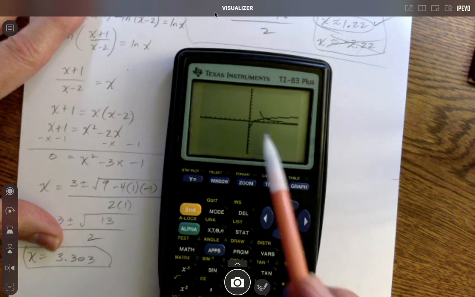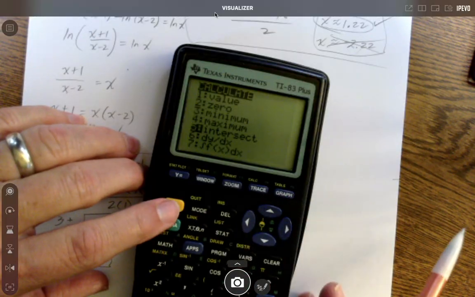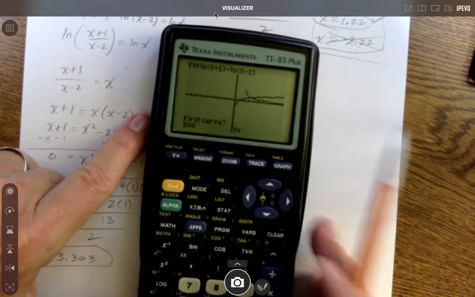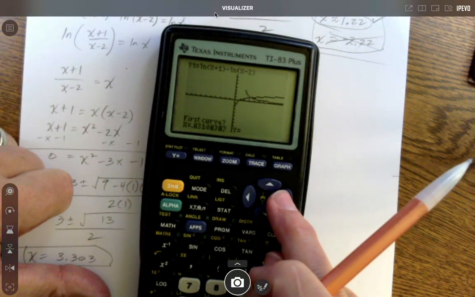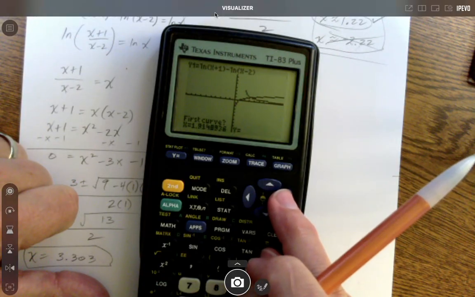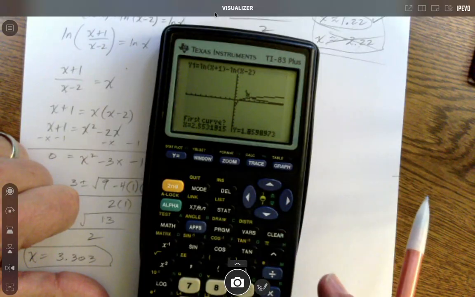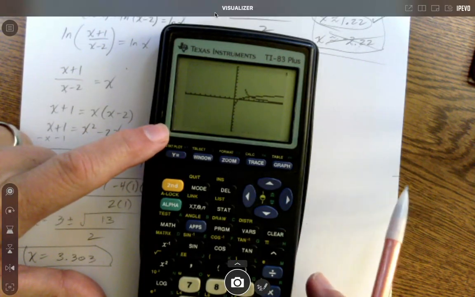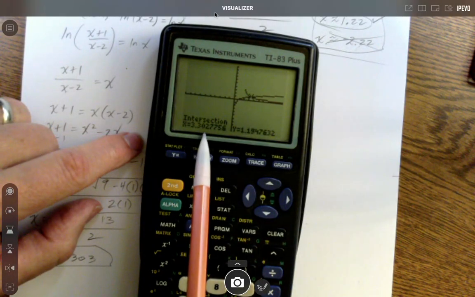There they are. So I'll do second trace intersect. First curve. Notice there's no y value, so I need to move to the right till I get in the right domain, till a y value shows up. There we go. So now I can hit enter. Enter, enter, enter. There it is, 3.303.